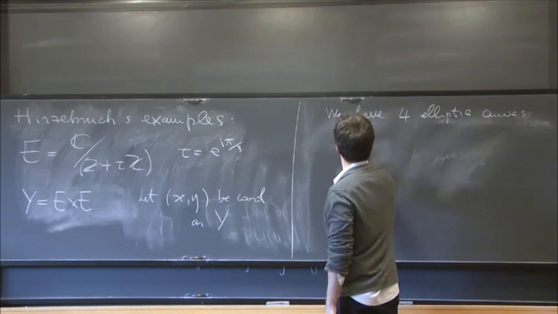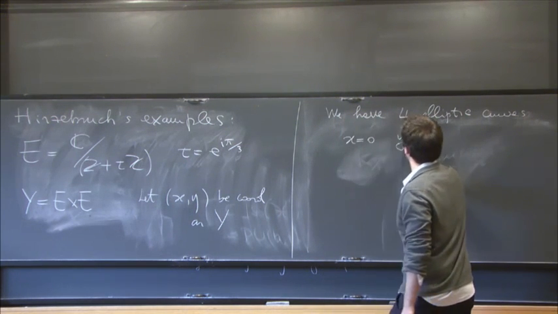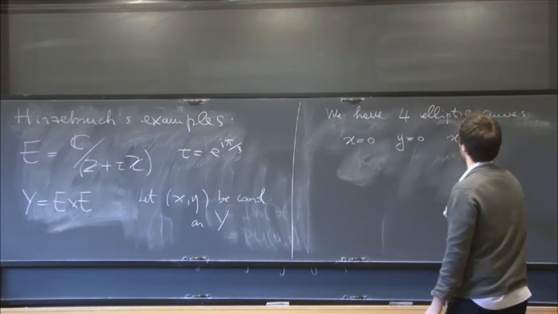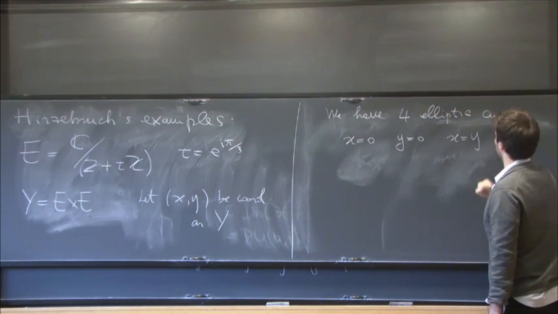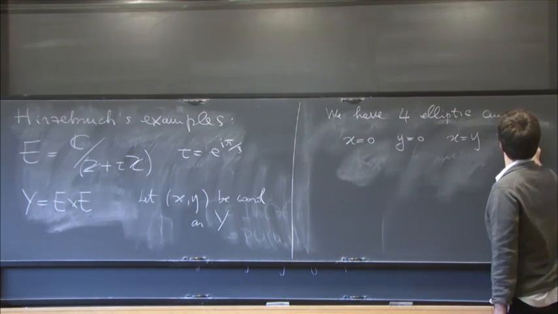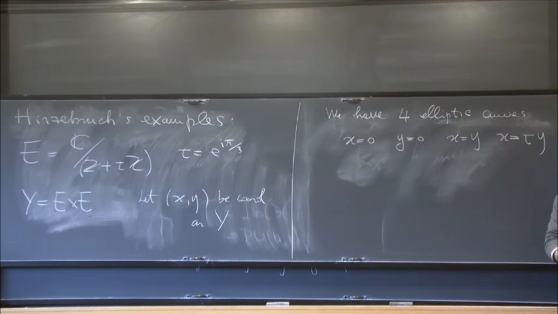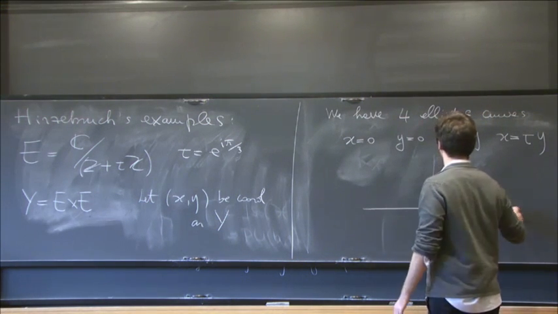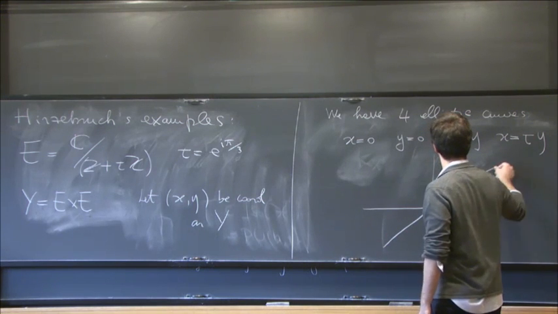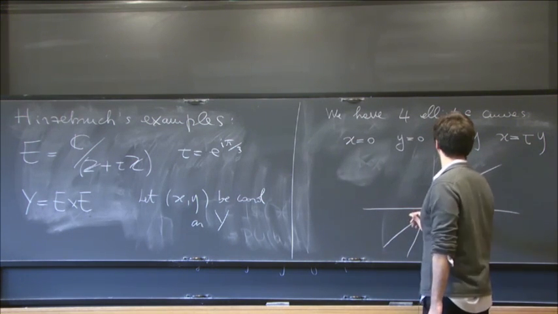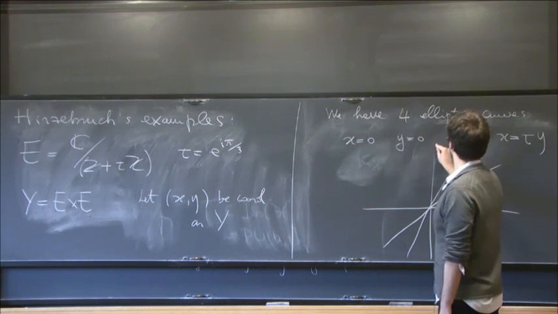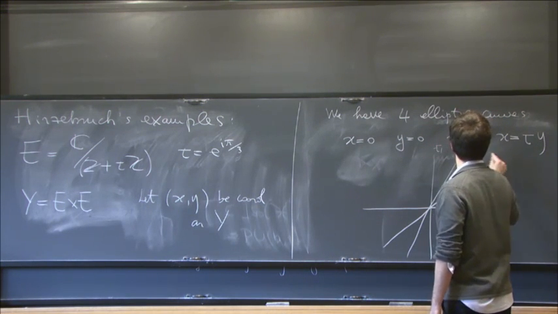Basically defined by X equals 0, Y equals 0, then you have the diagonal X equals Y, and then you take X to be tau Y. So in Y we have a configuration of these four elliptic curves, something of this sort, E1, E2.